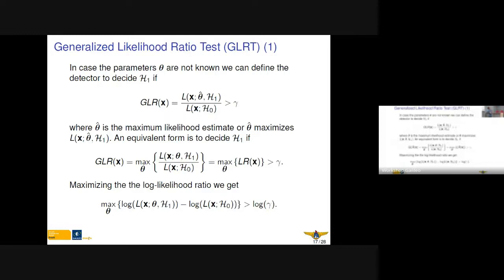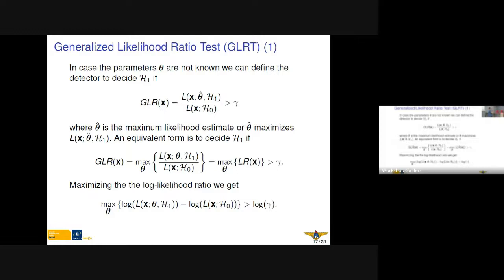In case the parameters theta are not known, we decide hypothesis 1 if the GLR, the generalized likelihood ratio, is larger than the threshold gamma, while we plug in the estimate for theta, as we don't have the true theta.